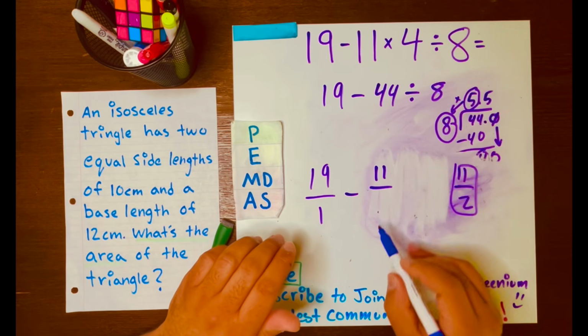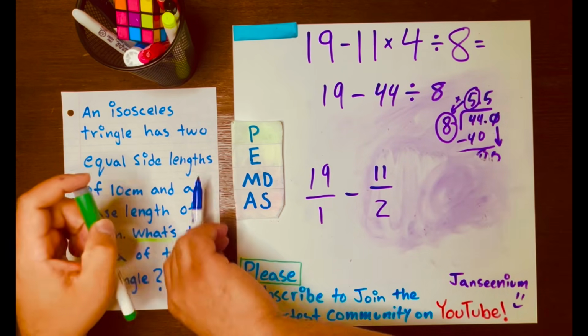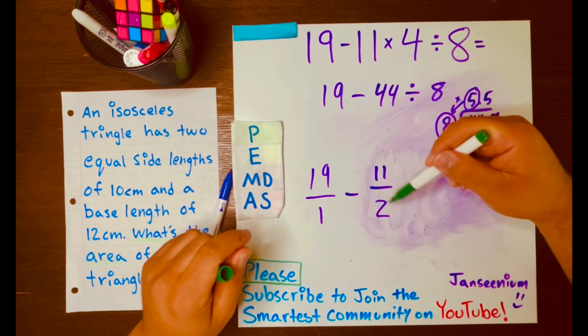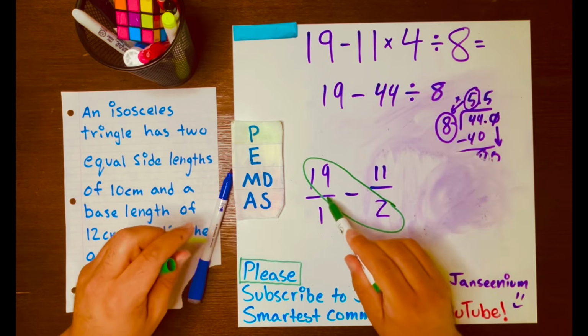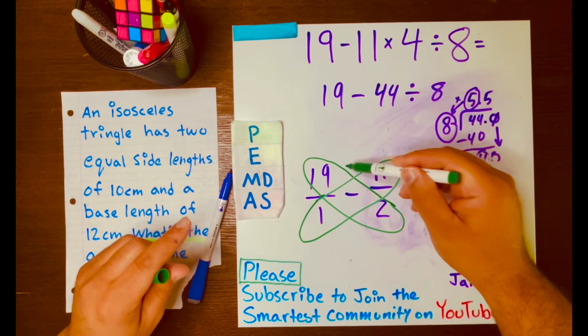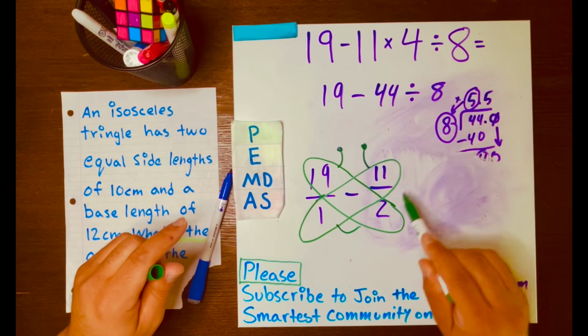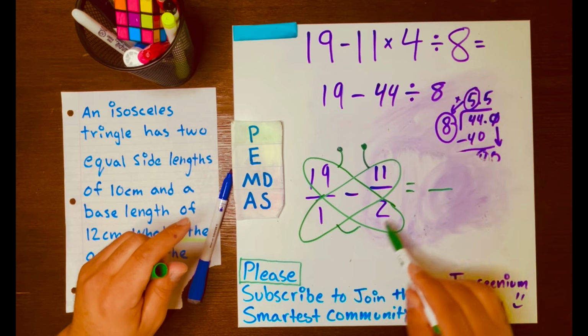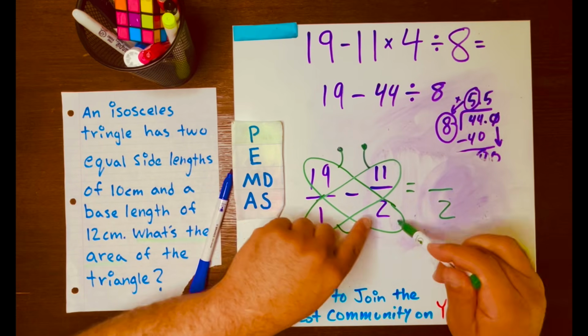So 11 over 2. Now I can use the butterfly method, and I'll use a different color to draw the wings, the antennas, and the body. You multiply what's inside the wings, and then you write the results above the antennas. The body always gives you the denominator. 1 times 2 is 2. Now I multiply 19 times 2.